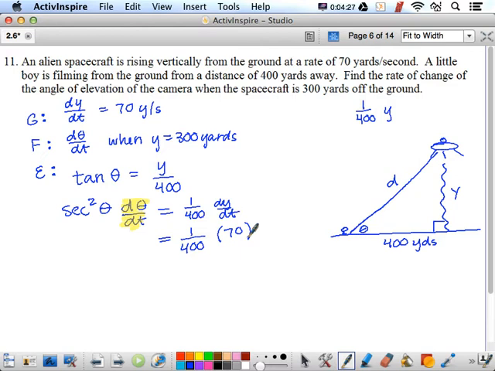So all that's missing for me to finish this problem is I need a value to put in for secant squared. Now here's the thing. A lot of people think that to do that, you have to find theta, but you don't. You should never have to find the angle. I don't really care what theta is. I want what secant squared of theta is. And I'll show you how to find that without actually finding the angle.